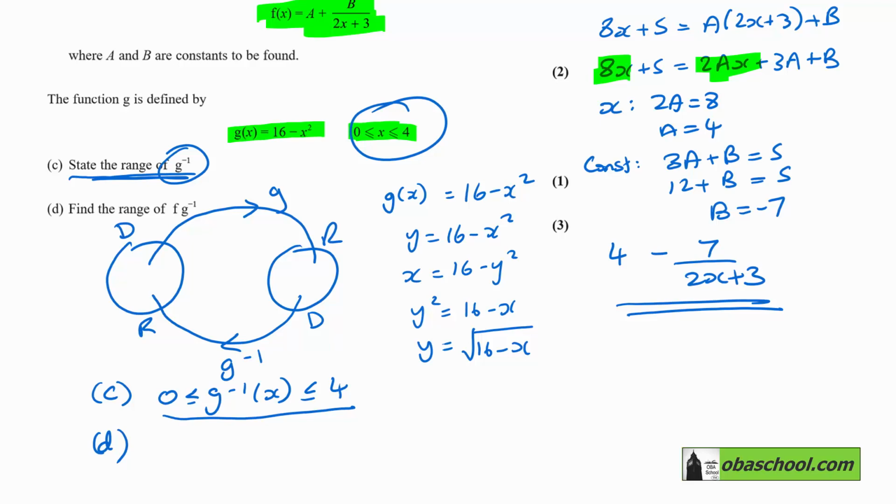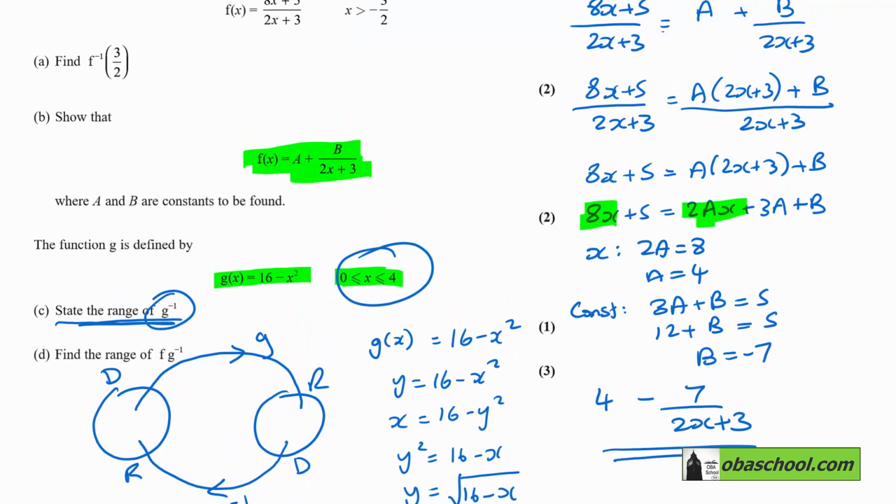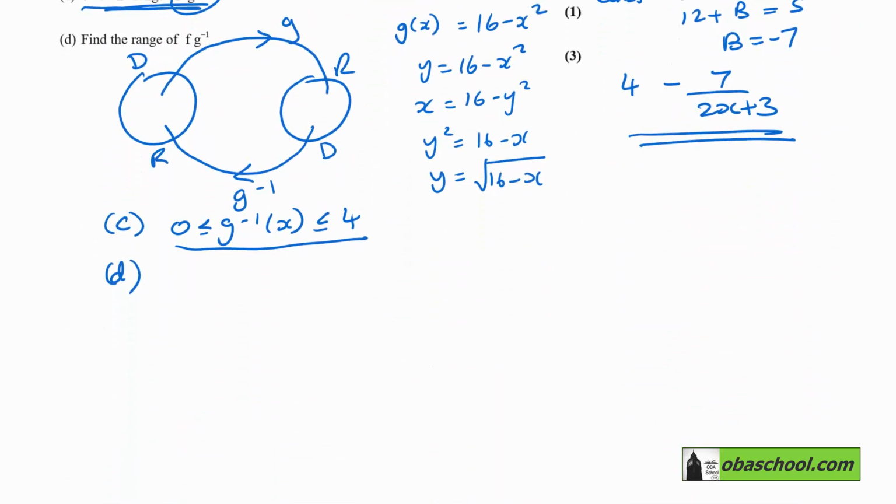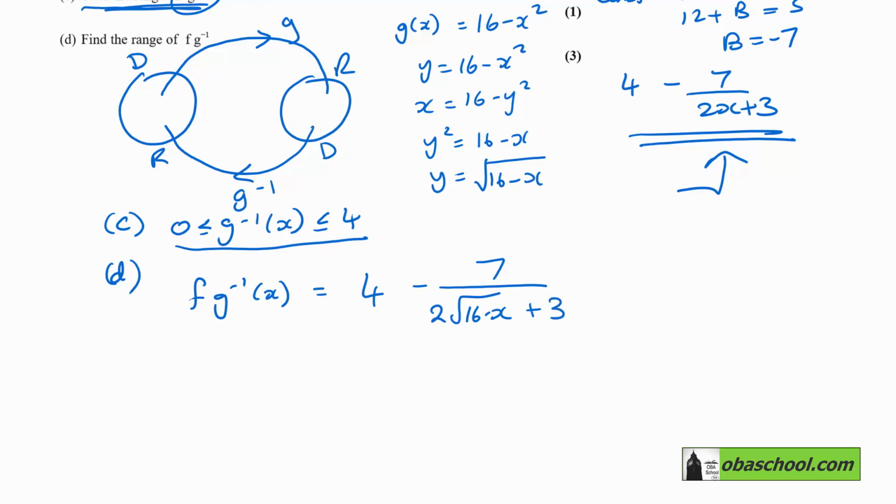And so what we could do is take that inverse of g and substitute it into f. But it actually works better if we use the rearranged value for f that we used here. So in other words, our f of the inverse of g is going to be 4 take away 7 over (2 root (16 minus x) plus 3).